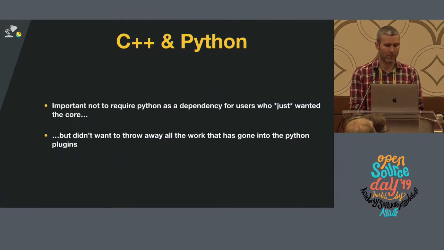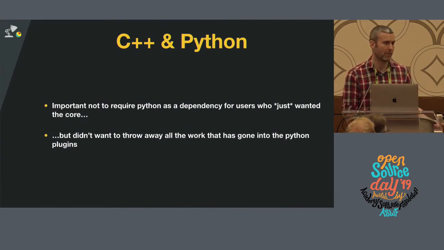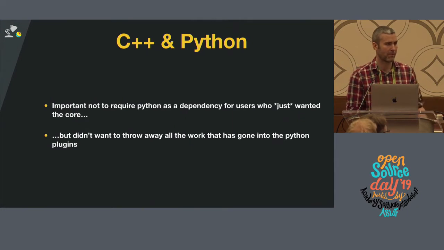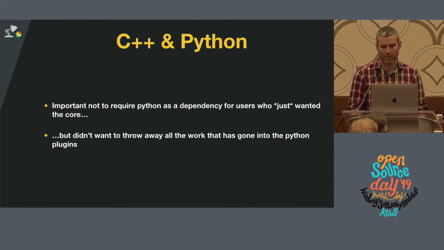But just to clarify this, one thing we heard from people is that it was important that folks who don't want Python in their, say, nonlinear editing system don't have to actually introduce it as a dependency, that they can just get the core if they want to read and write the format and use the API. But at the same time, we didn't want to throw away all the work that's gone into those plugins and those adapters because it's still super useful and valuable to the project.